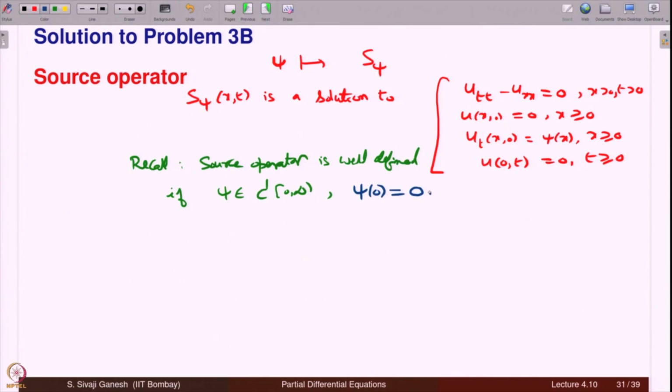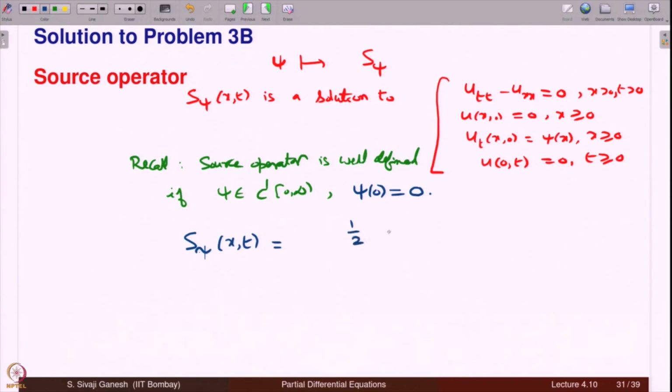This is part of the compatibility condition. There is no compatibility condition on phi because phi is already 0. So, it satisfies all the compatibility conditions. So, now what is S psi of x t? What is an expression for this?